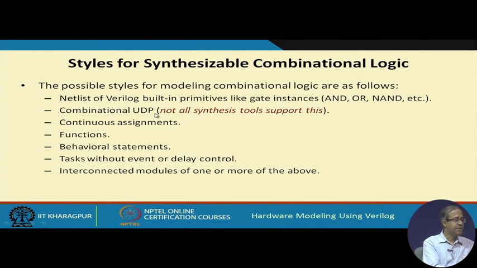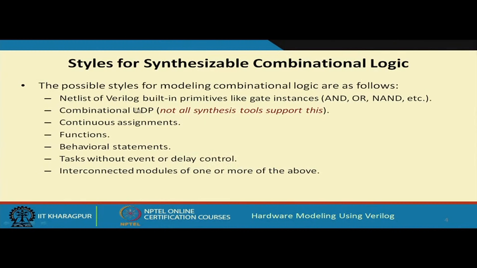Secondly, you can use a user defined primitive for a combinational circuit, where you define a truth table. Most synthesis tools support combinational UDPs, but you need to check, as there are some synthesis tools which will not accept any kind of UDPs at all, even a combinational UDP with a truth table. So not all synthesis tools will support this feature.